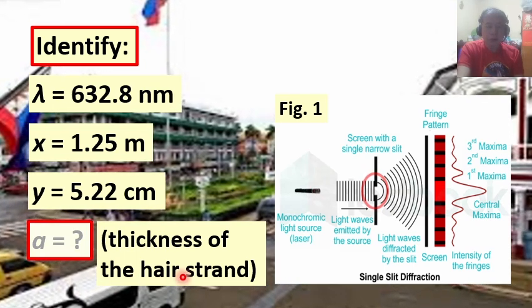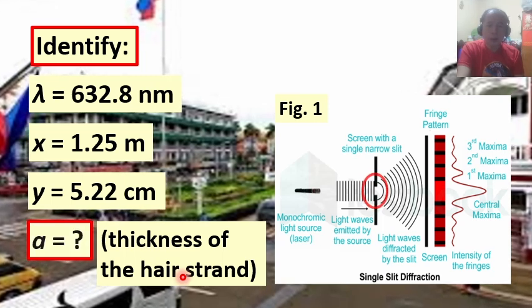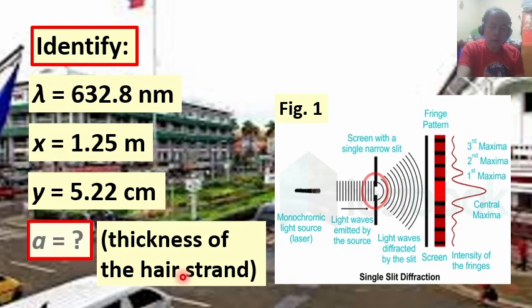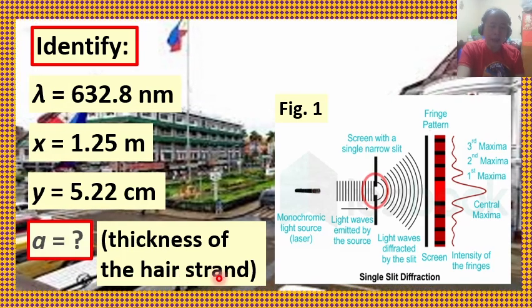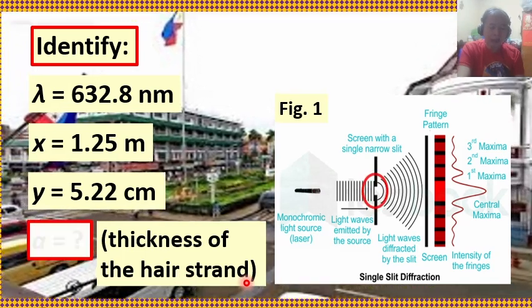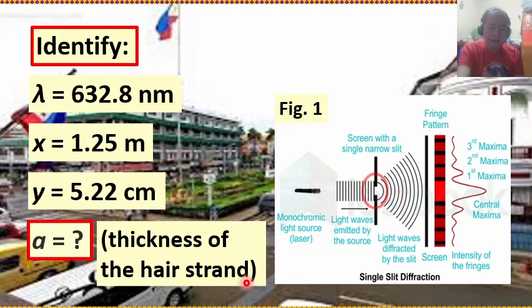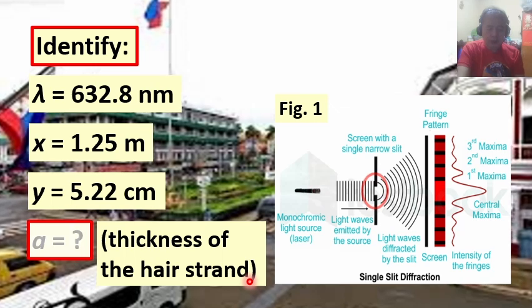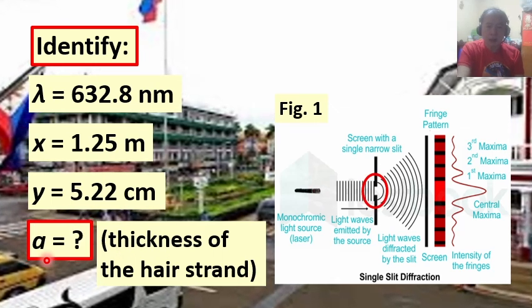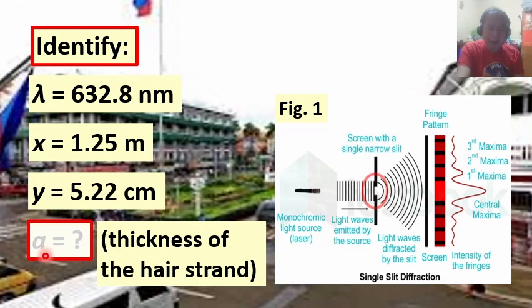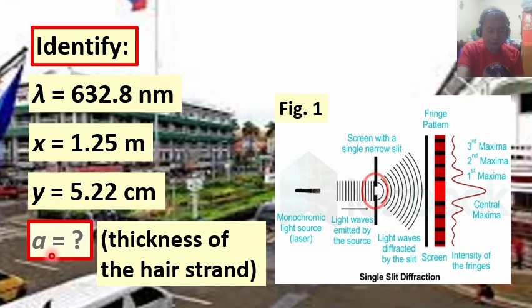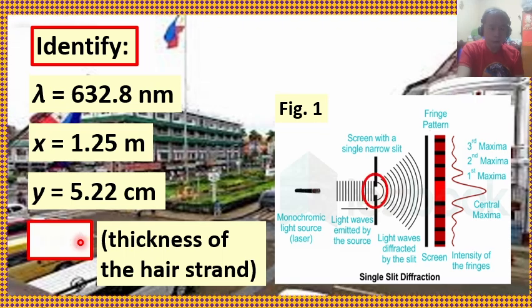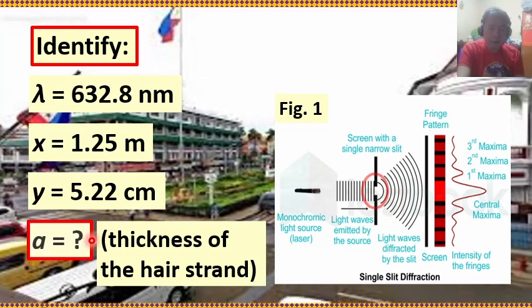A similar result holds when light bends around a straight thin object such as a strand of hair, in which case small letter a is considered the width of the hair strand.